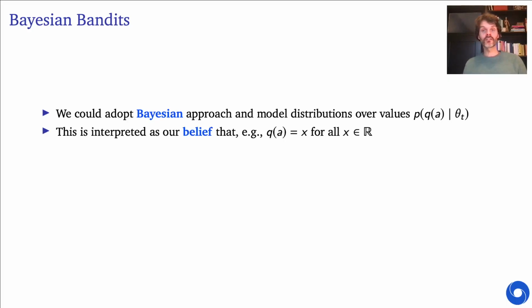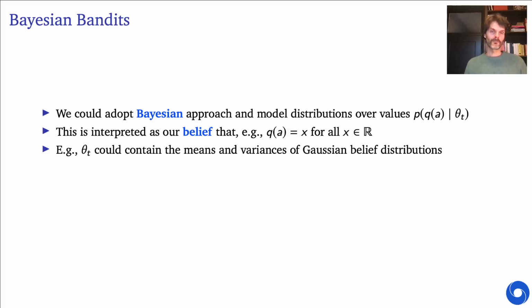To be clear, this probability should be interpreted as a belief. So for instance, for some number x, the probability of q of a being equal to x is our belief that that's true. It doesn't actually impact the actual value, because this is just a number, but it impacts our uncertainty about this. As an example, theta could, for instance, contain the means and variances of Gaussians if we want to model each of these uncertainties with a Gaussian distribution.